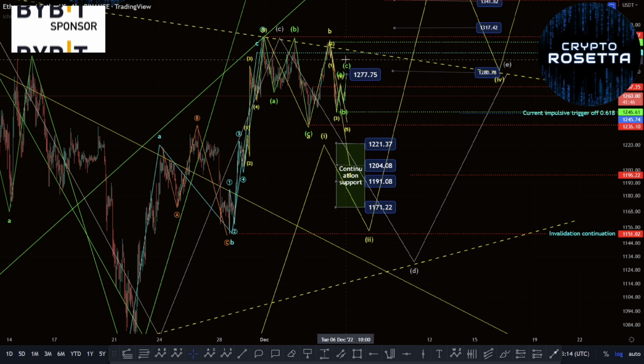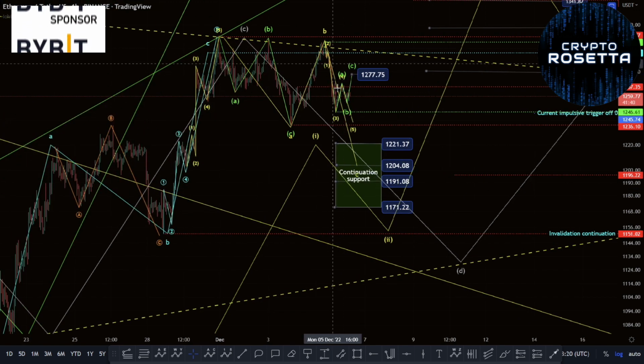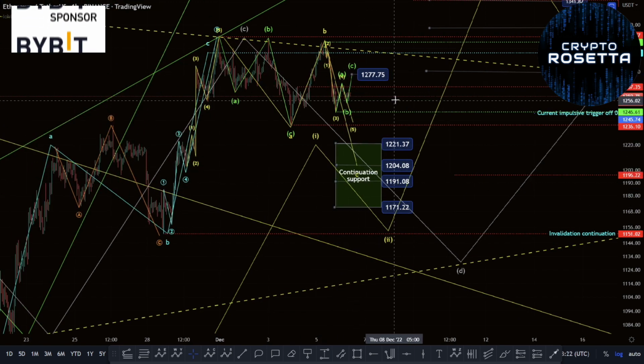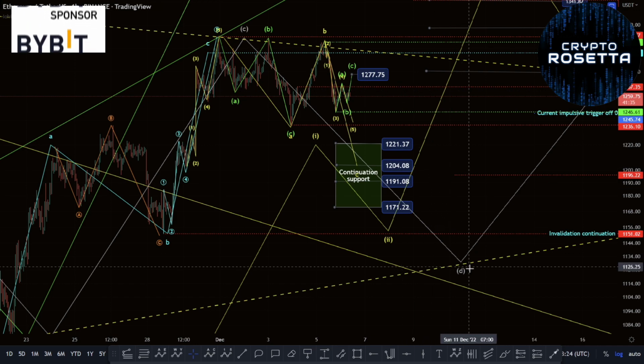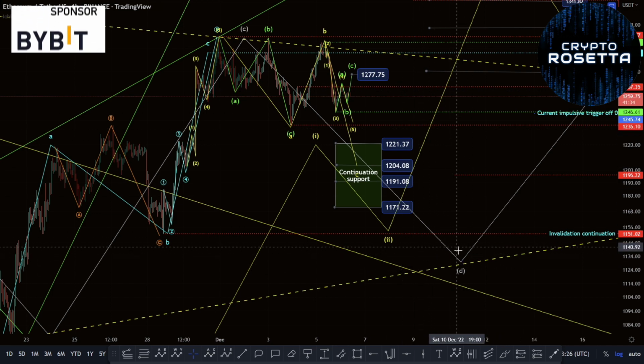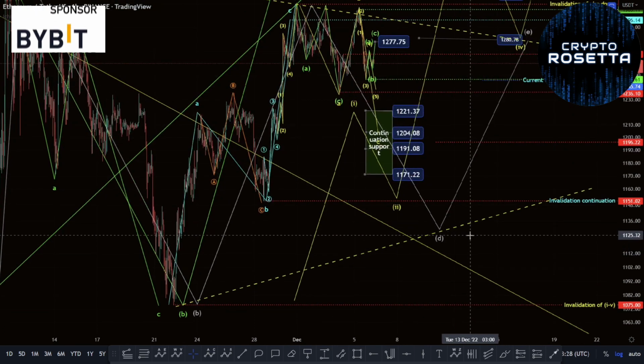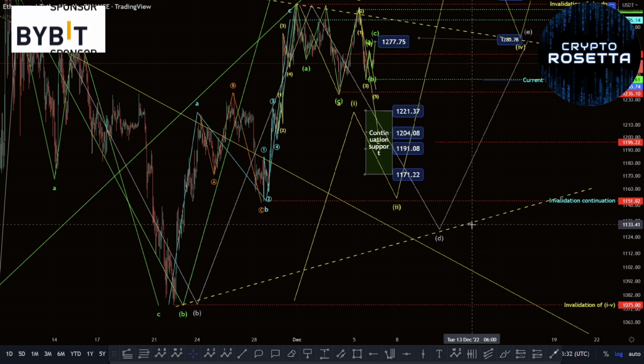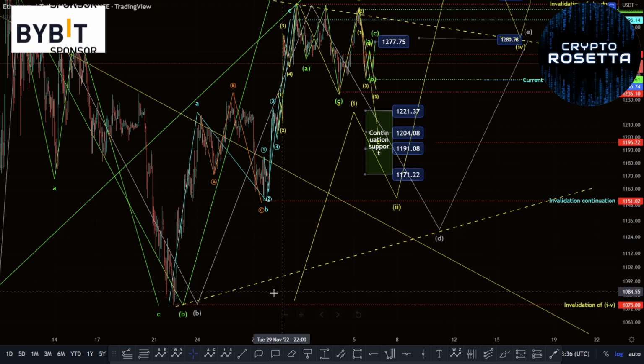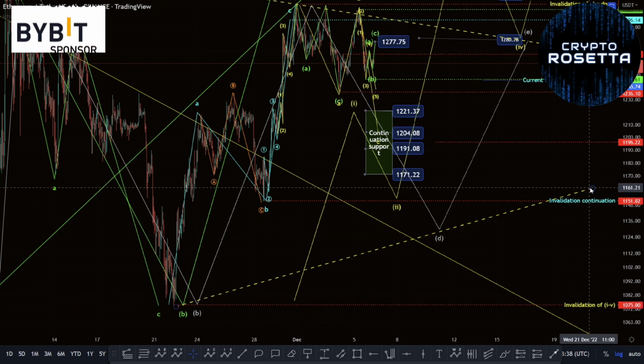You would have to say that the move started here if you were looking for a zigzag to the downside, and then you'd want to develop that first 5-wave move, get a B wave retracement to the upside, and then get another 5-wave move down, looking to potentially target this area here of around 1130-ish.